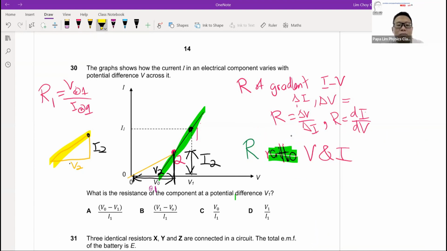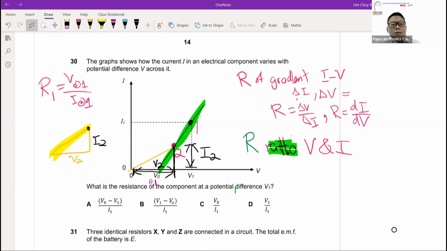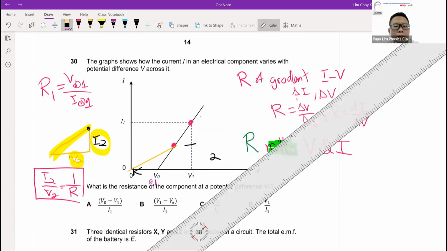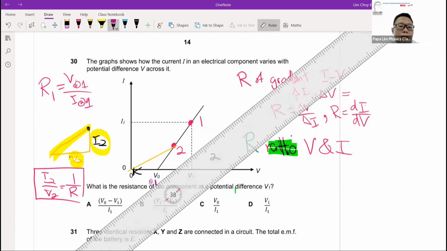In this case, the gradient of this line is I2 over V2, which implies 1 over R. If you compare these two lines, let's say you compare point 1 and point 2, let's look at this second line.